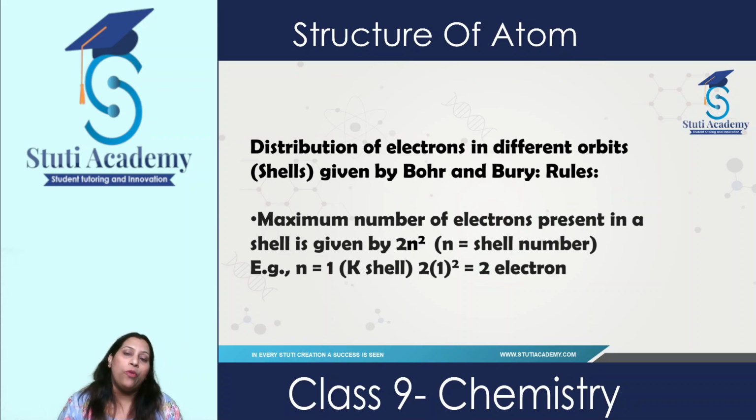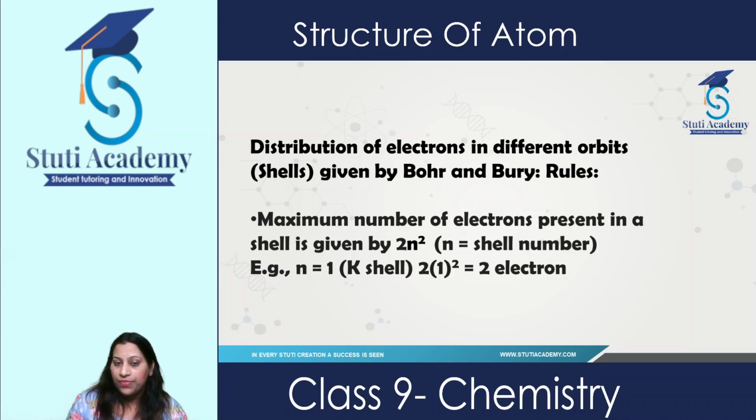Now according to the Bohr model, there is a distribution of electrons, how electrons are distributed in particular orbits. He has given the name energy shells to those orbits, and when the electrons are revolving in these energy shells or orbits, a fixed number of electrons can accommodate in each energy shell.